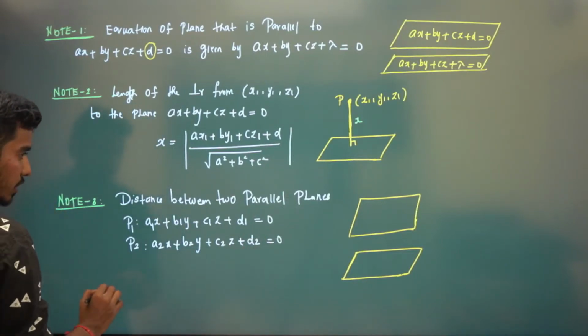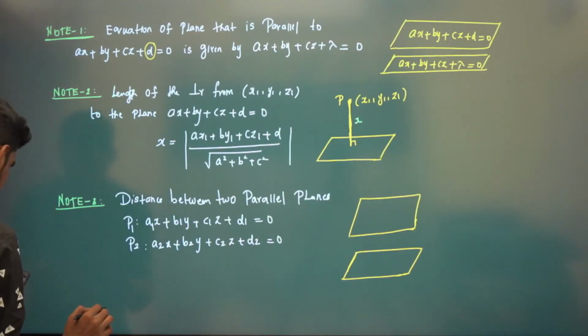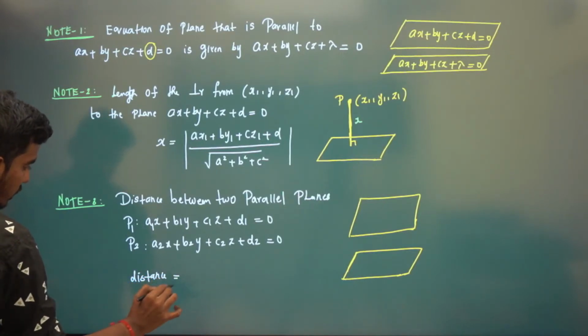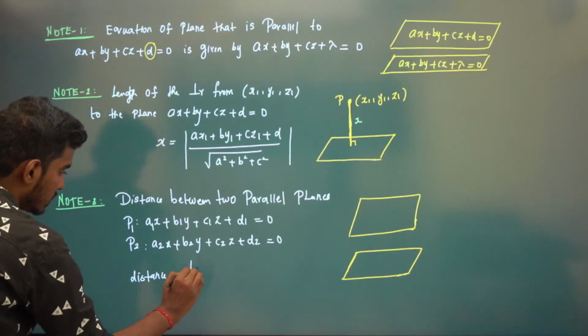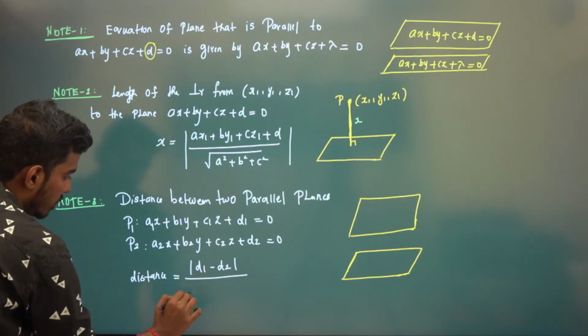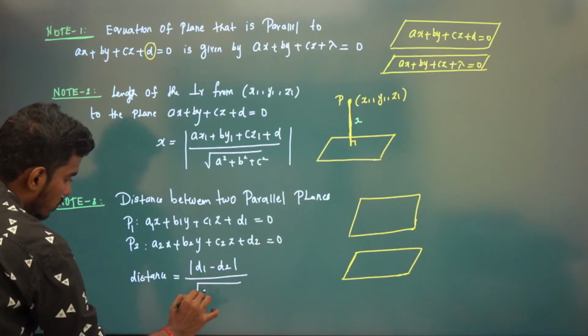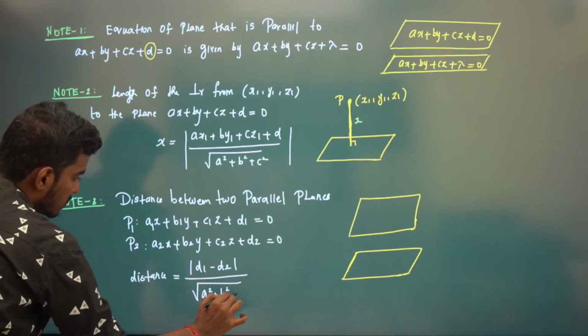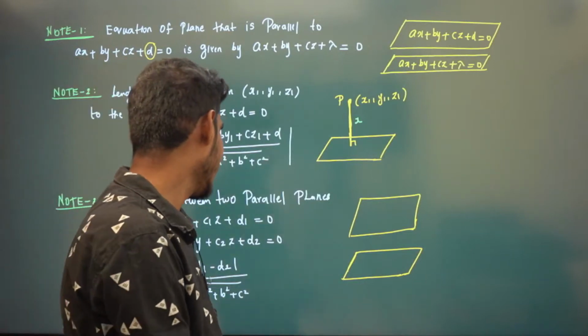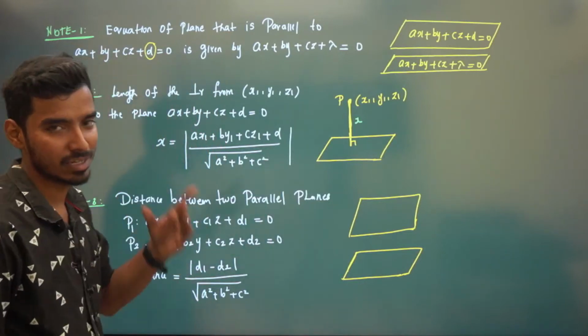The distance between two parallel planes is given by the modulus of d1 minus d2 divided by root of a square plus b square plus c square. See, it is very simple. See how we get this formula, don't think it is very big.